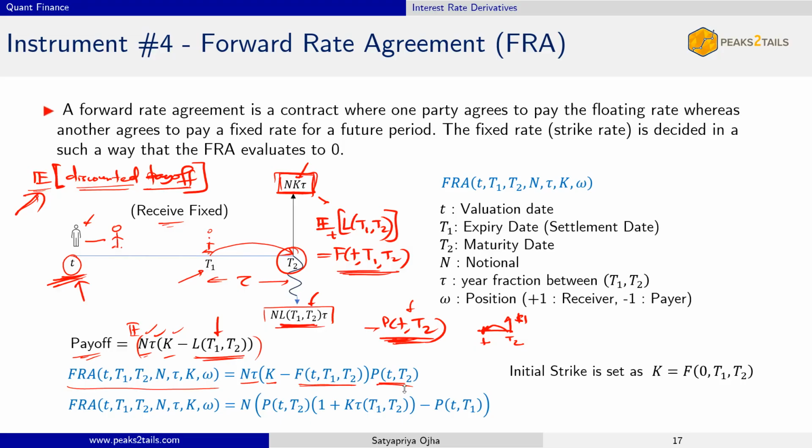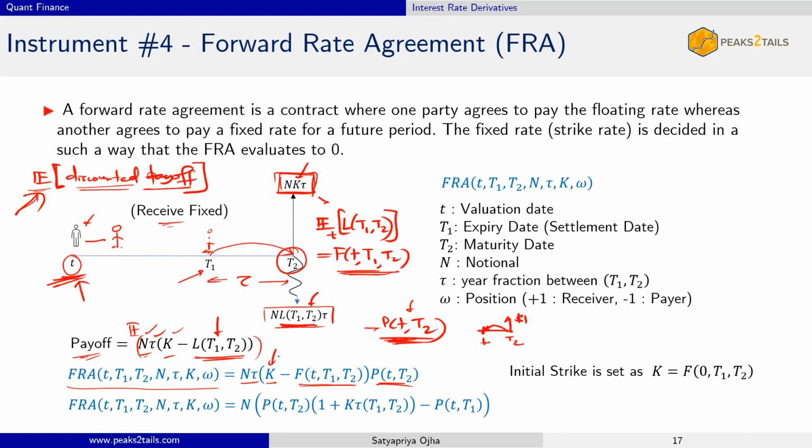Now, if this is the formula, first and foremost, how do we decide K? K is the fixed rate, right? Somebody will tell you, I'll give you fixed rate K for this period, and you give me the floating rate. They'll agree to this FRA contract, but K would be decided at the inception. This is the fixed rate I will pay.